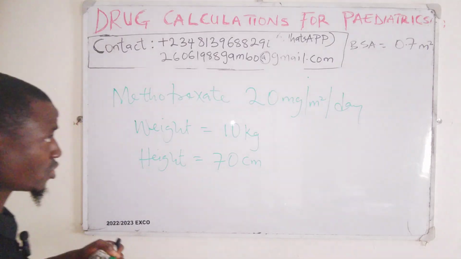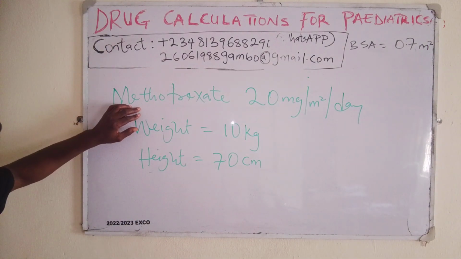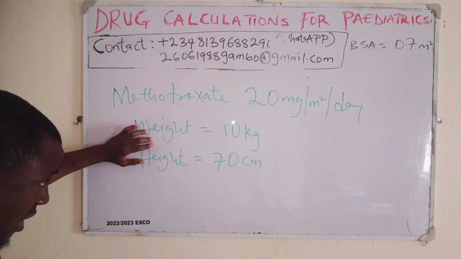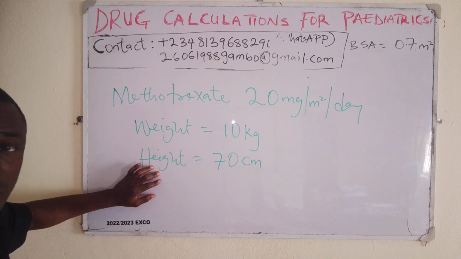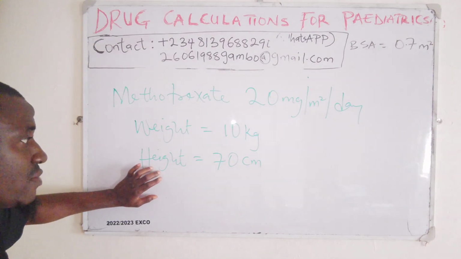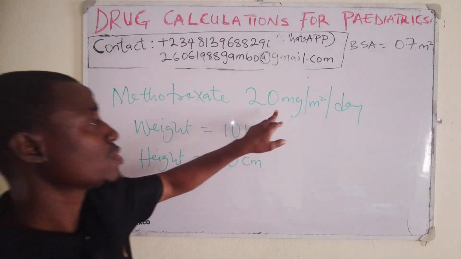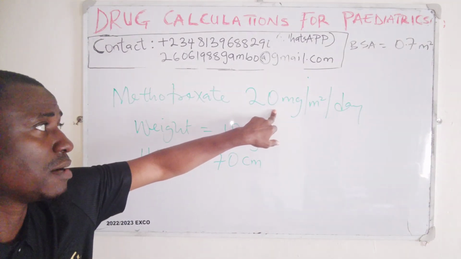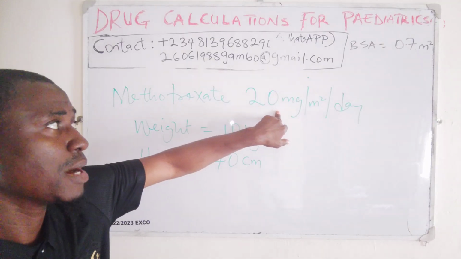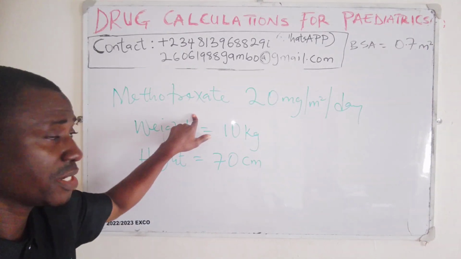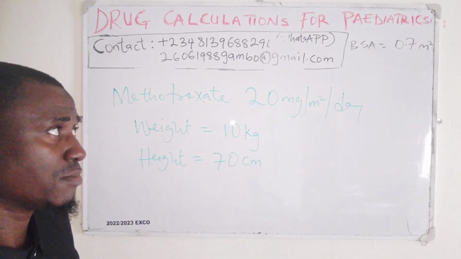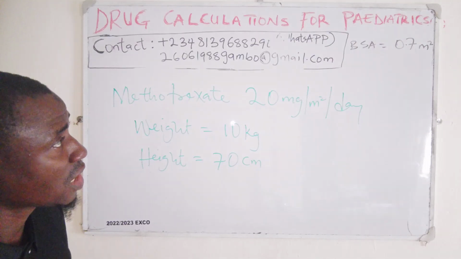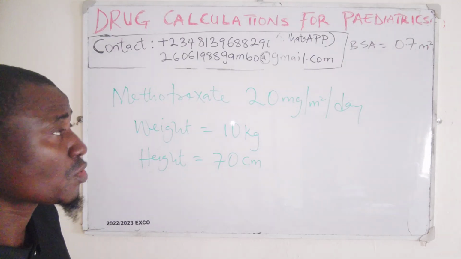This is the information you will need to calculate the dose of methotrexate you administer to this child. The drug was ordered at 20 milligrams per meter squared per day. It's also an anti-cancer drug. You can send your answer in the comment section for us to assess and score you.